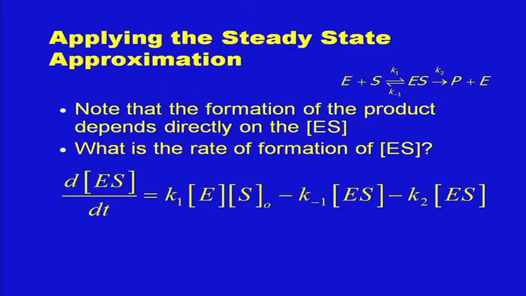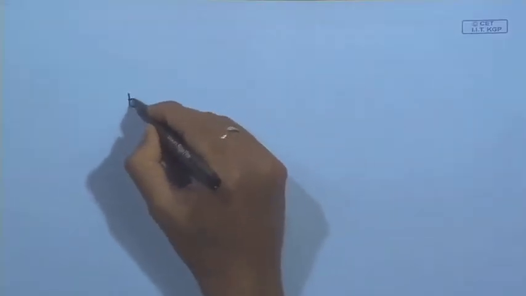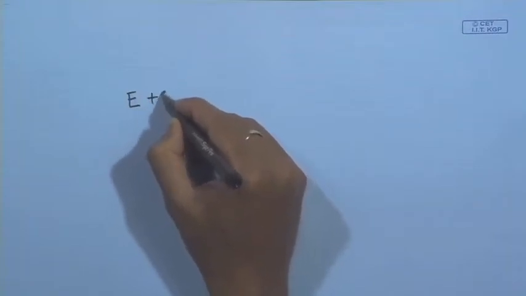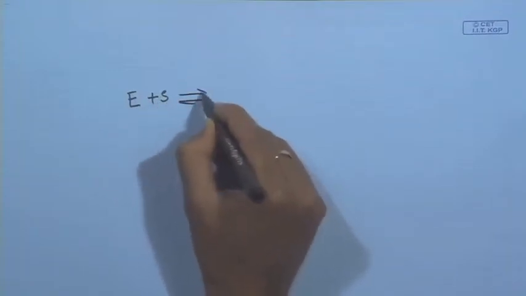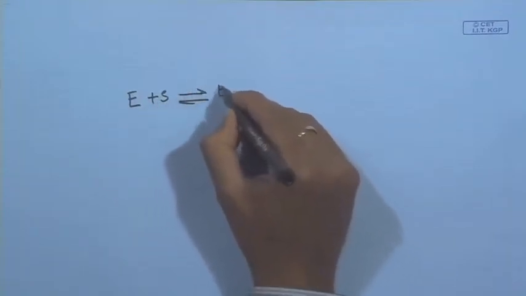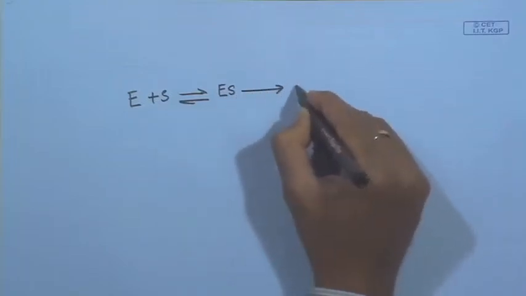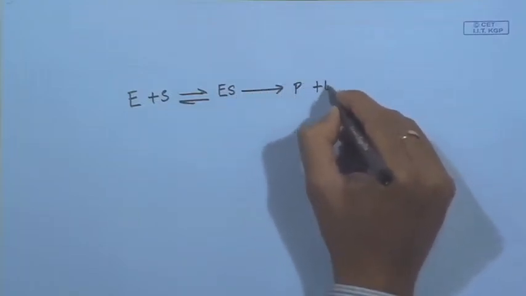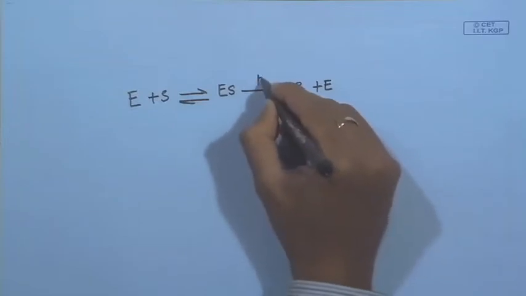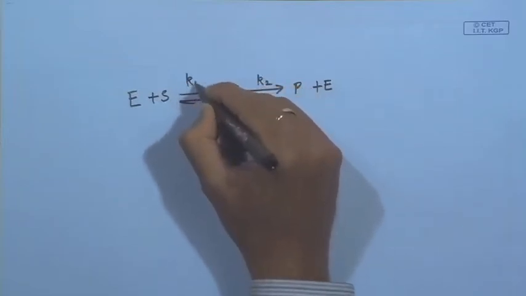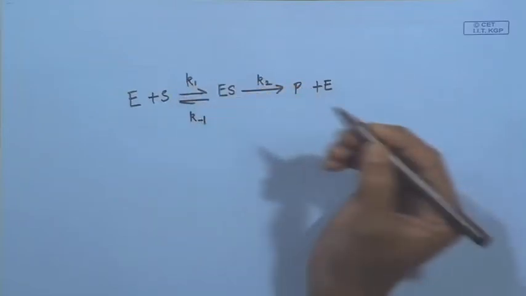So, let us write down the step E plus S giving rise to ES, giving product plus enzyme back. This is k2, this is k1, this is k minus 1.